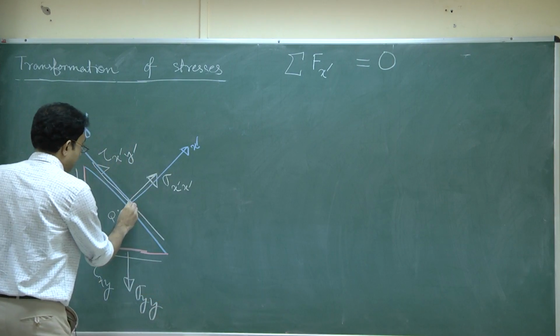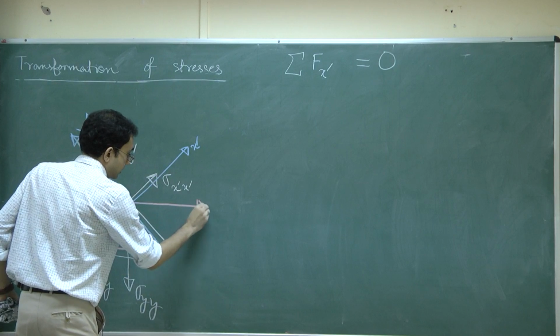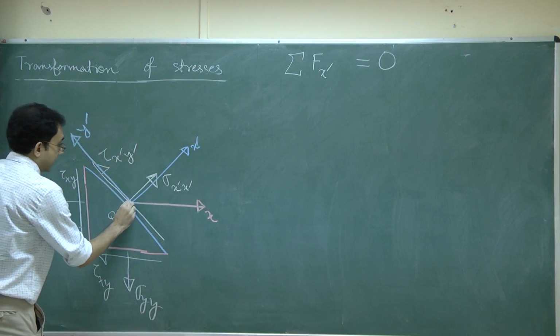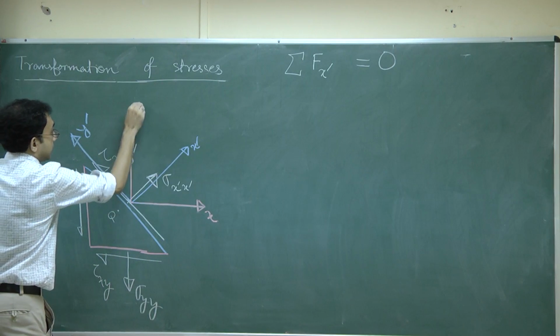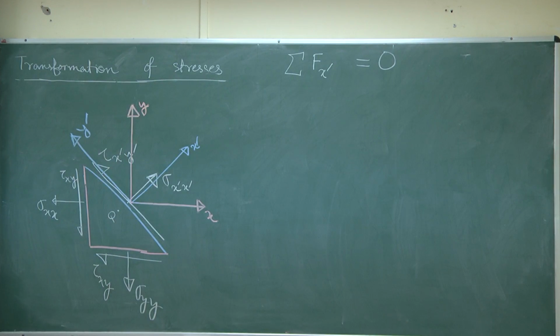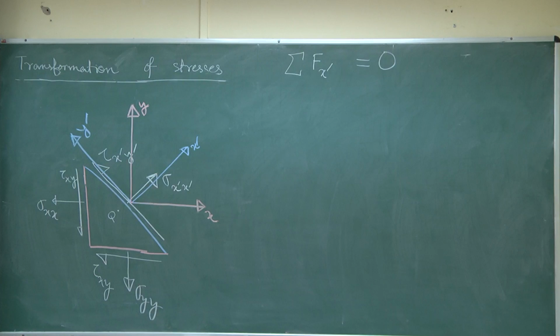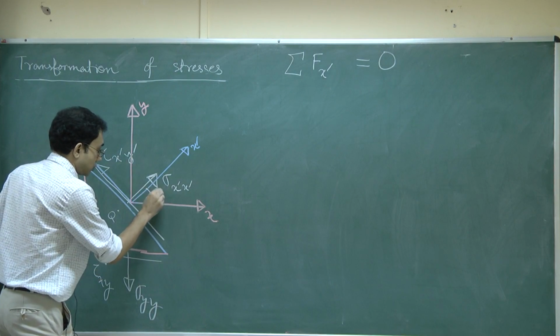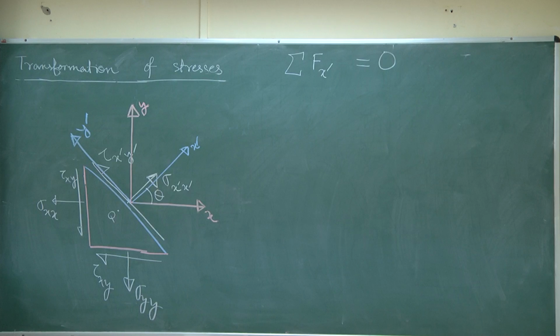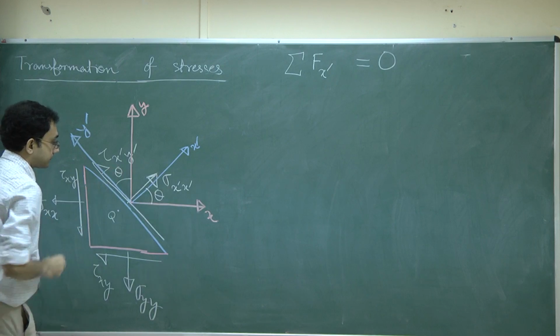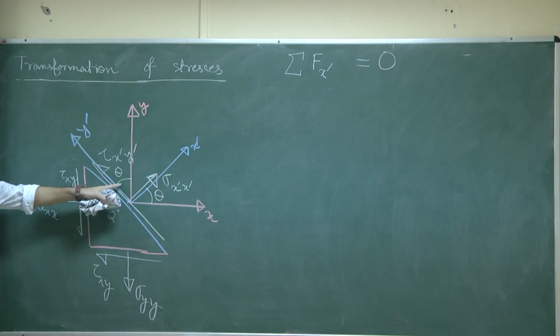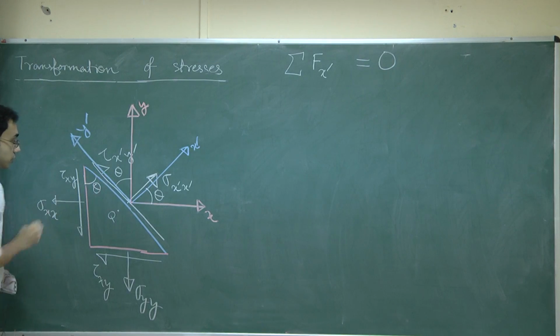So, this one is x and this one is y. The one piece of information which I absolutely know is the angle that x dash makes with x. That is something which is given to us. So, we know this theta. If we know this theta, you immediately understand that this is also theta. And if that is theta, this will be also theta.